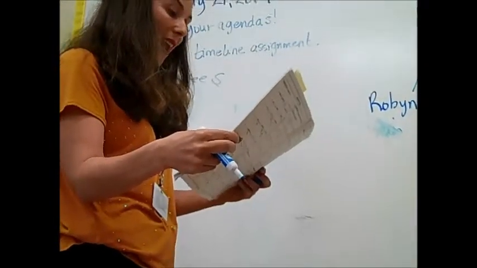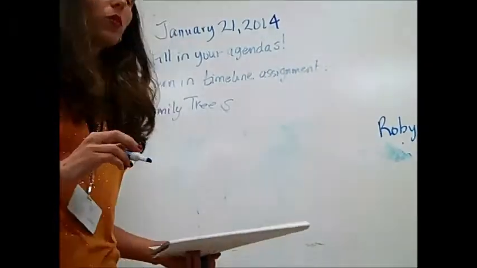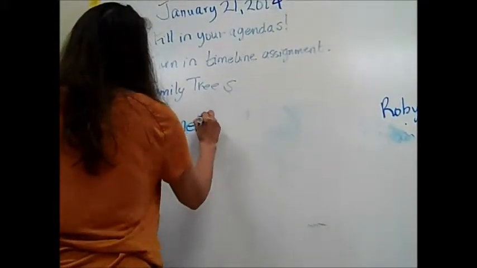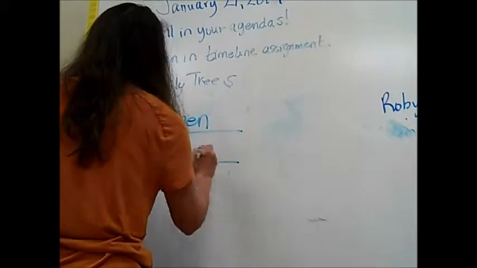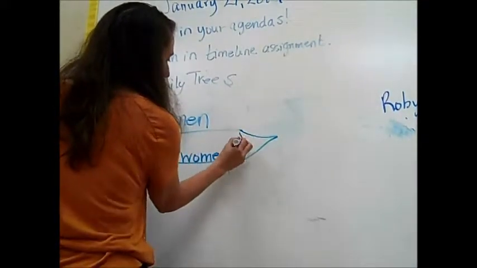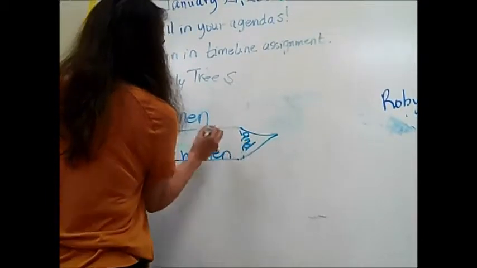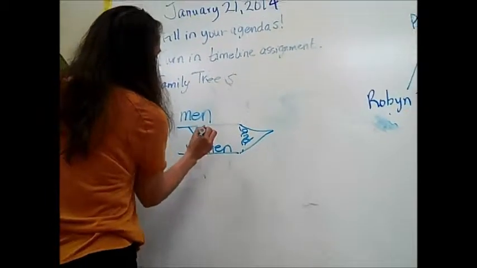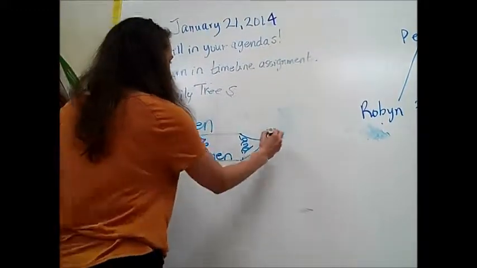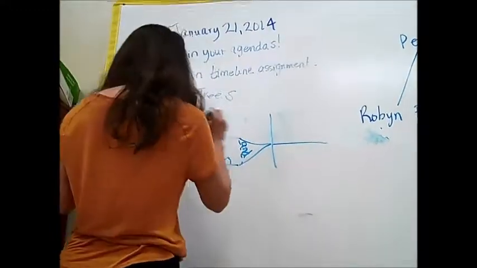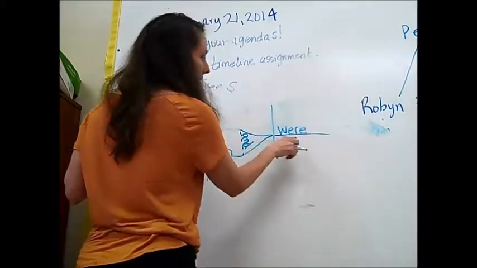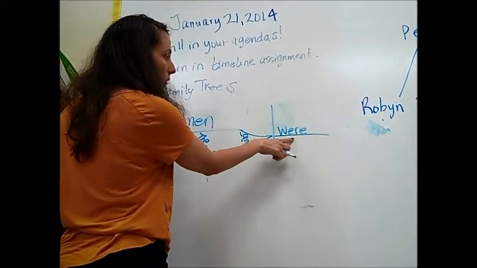Number 7. The men and women were happy with the results. So we know that this is going to be a compound subject. Men and women. We're going to do this to show that the men and women. We only need the under this. So our verb, were, this is our linking verb, it's our state of being verb.